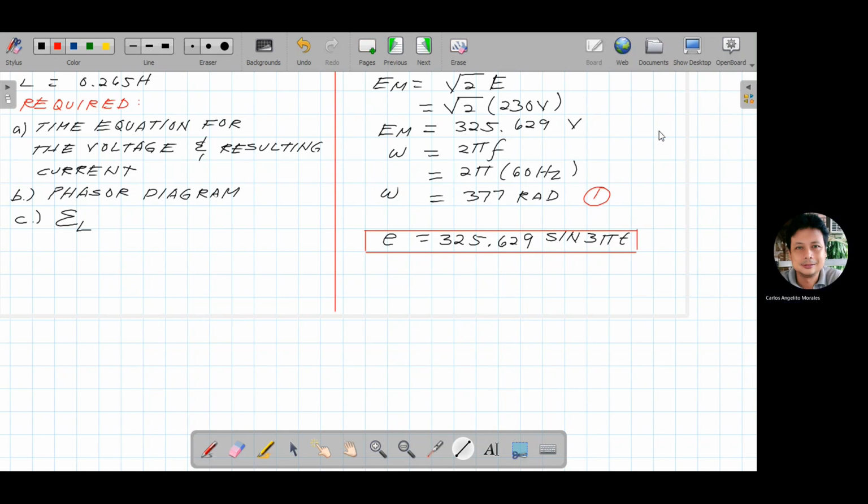So, nalagyan ko na ng box yun, no? So, ang susunod na hinahanap sa kanya ay yung time equation for the voltage and resulting current. Nakuha na natin yung voltage, current naman ang kailangan natin, no?